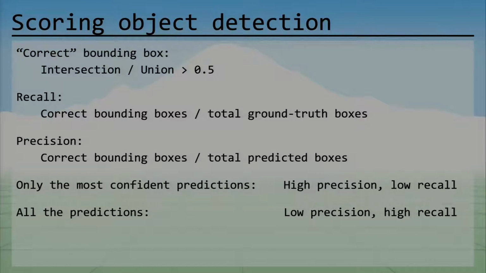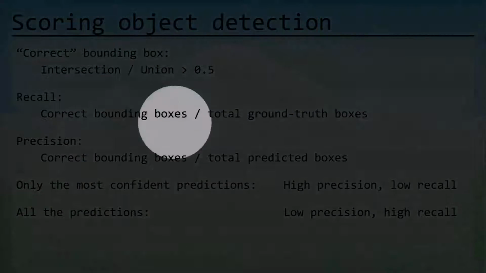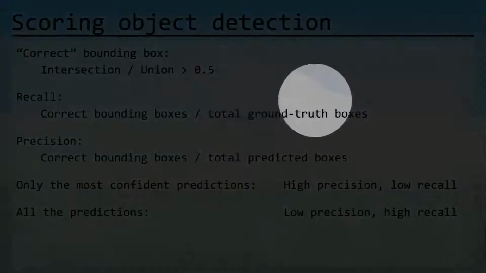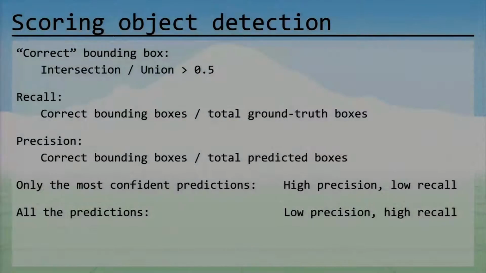Say the total number of ground truth bounding boxes for dogs was 10, then your recall is going to be 50%, or 0.5, because you basically retrieved half of the actual ground truth bounding boxes that exist in your data set.